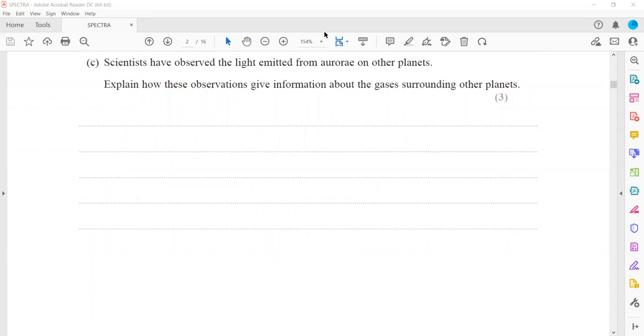Say there's a planet whose atmosphere consists of hydrogen and helium. Then there is another planet whose atmosphere consists of carbon dioxide, so it contains carbon and oxygen atoms. There's another planet whose atmosphere has oxygen and nitrogen.